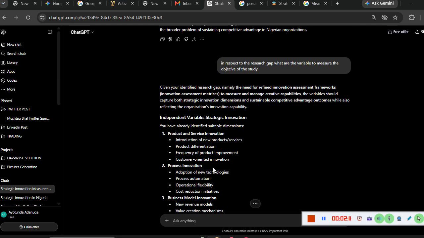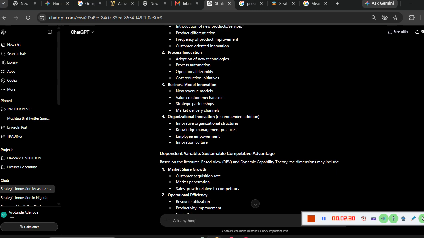You can see, somehow, the need to refine the regulatory to measure and manage the activity. The variable should capture both strategic innovation dimension and sustainability, while reflecting the organization's innovation capacity.